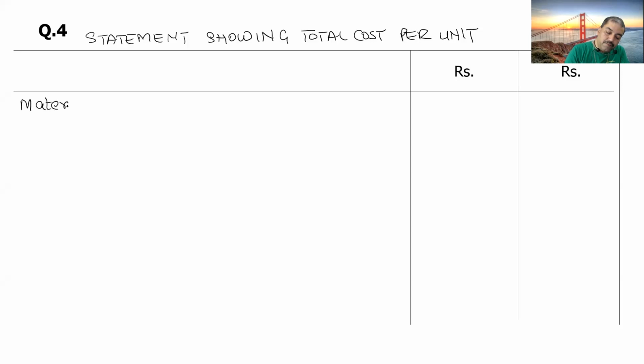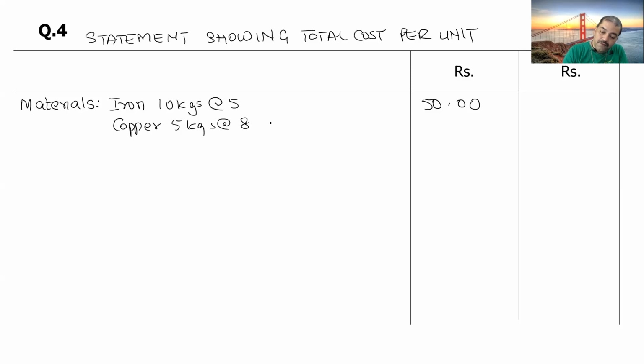Materials. Iron 10 kgs at 5 rupees per kg, 50 rupees. Inner column. Copper 5 kgs at 8 rupees per kg, 40 rupees. Total outer column 90 rupees.